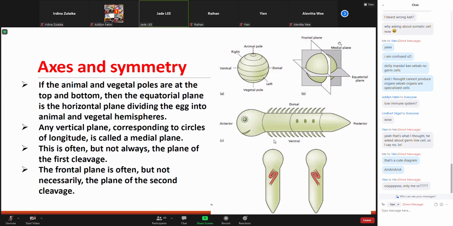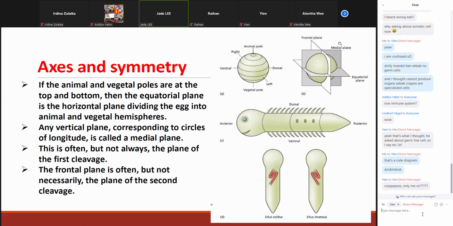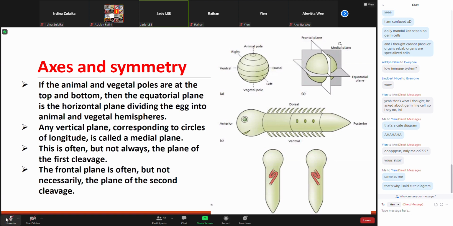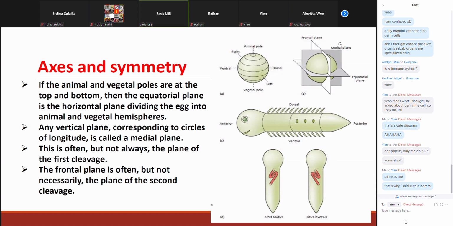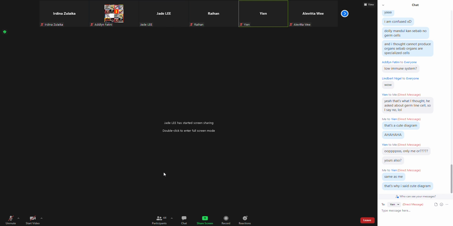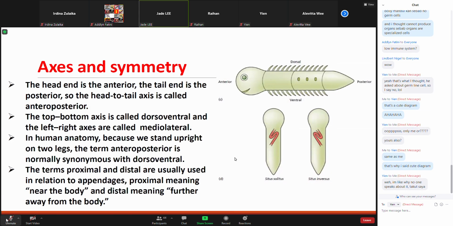Wait a moment. It's not moving also now. Not yet. How about now? Yes, can, doctor. Yes, can.